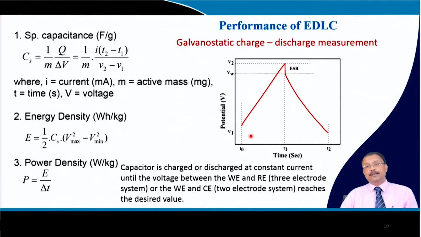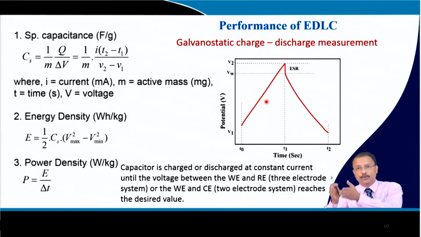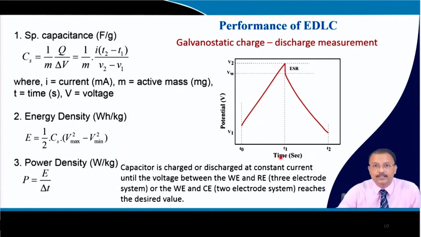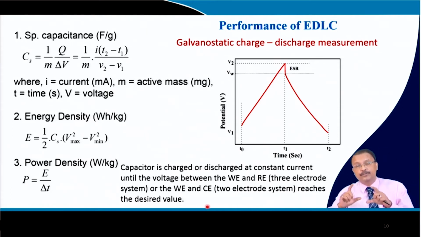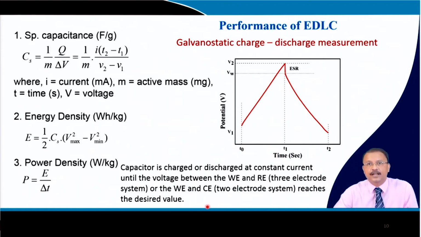So, actually the capacitor is charged or discharged at constant current until the voltage between the working electrode and the reference electrode in a 3 electrode system, or, if you have a 2 electrode system, where the counter electrode and the reference electrode are shorted, that reaches the desired value.